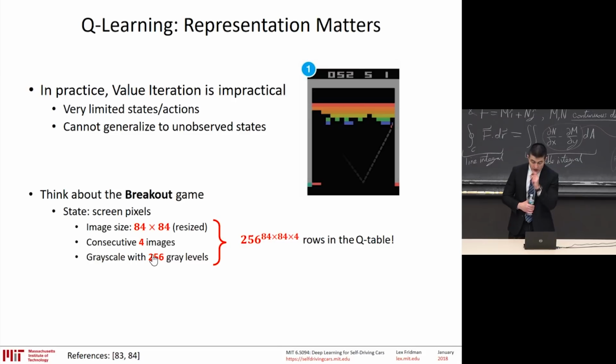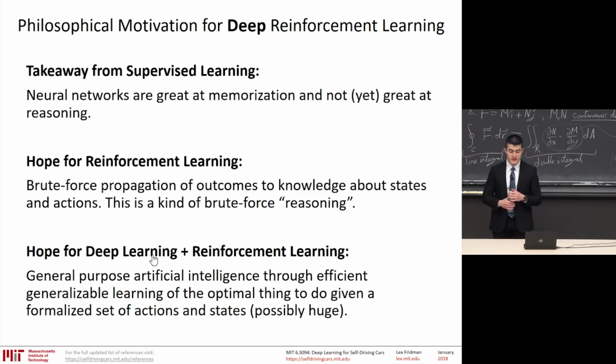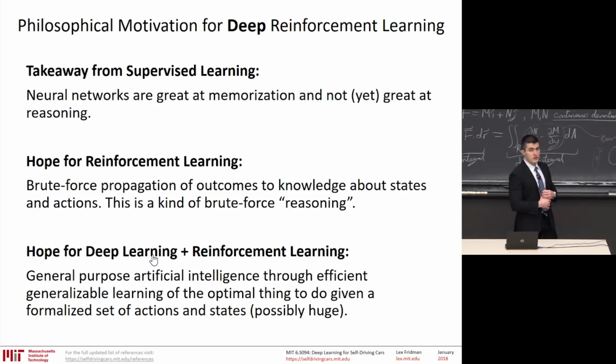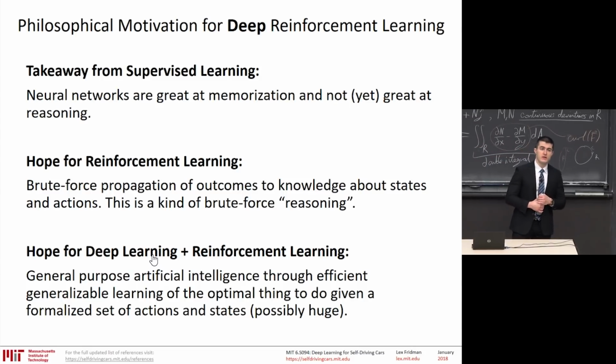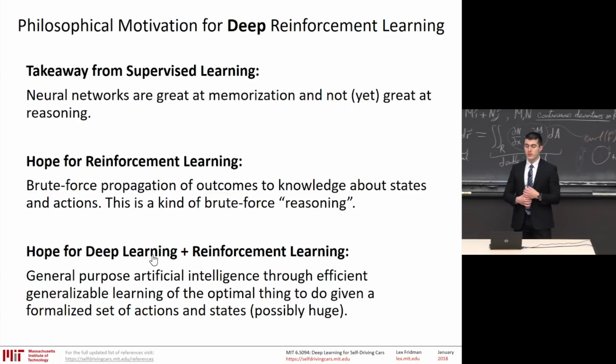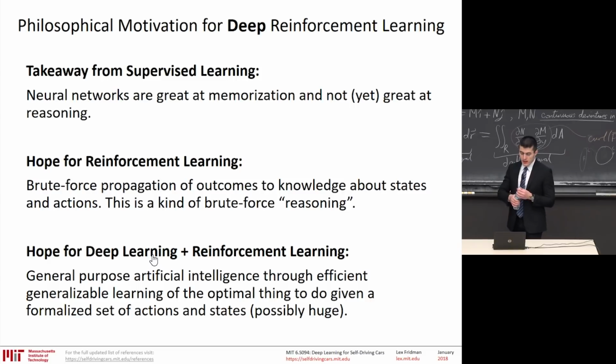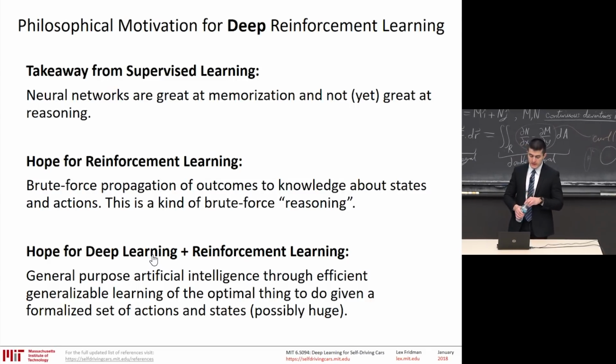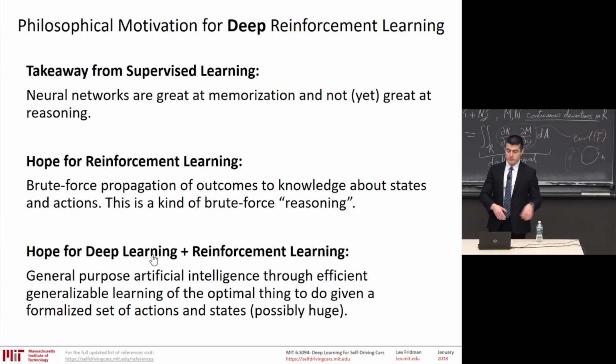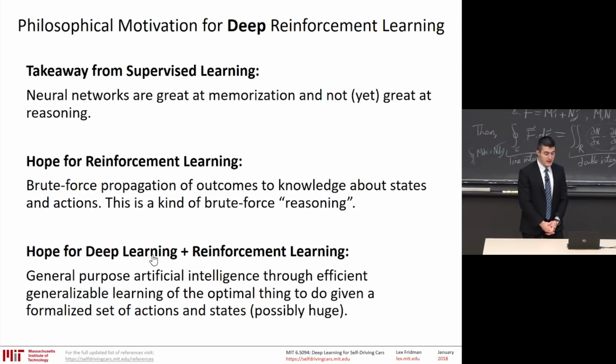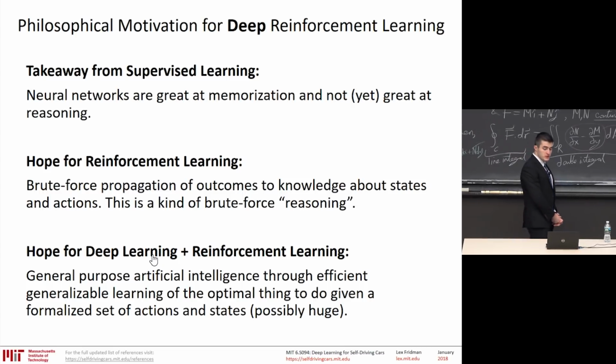So this is where deep reinforcement learning comes in. Neural networks are really good approximators. They're really good at exactly this task of learning this kind of Q table. As we started with supervised learning, where neural networks help us memorize patterns using supervised ground truth data, we moved to reinforcement learning that hopes to propagate outcomes to knowledge.